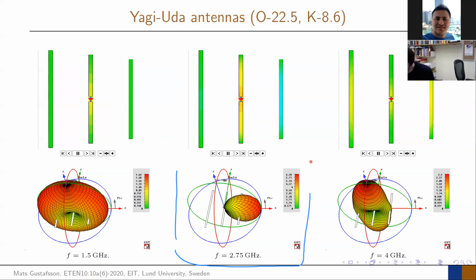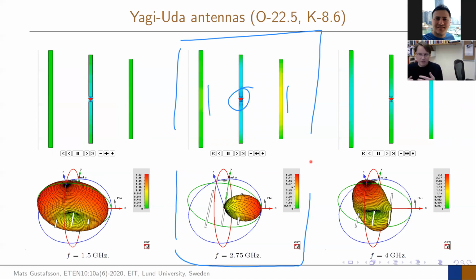What you can see here is that there are currents induced on all the elements. The driven element, of course, has the highest currents, but it is also inducing quite strong currents there and quite strong currents at the reflector. These are the ones that work together to push the radiation forward in the direction of the Yagi-Uda antenna.